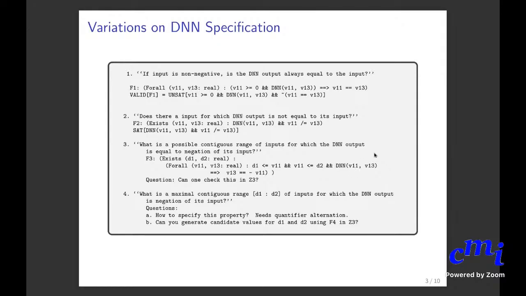And there is always this DNN predicate there, because you want to assume that the value of V13 is related as per the definition of the DNN, modeled by that predicate DNN. Then it's asking the question if V13 is equal to the negation of V11.